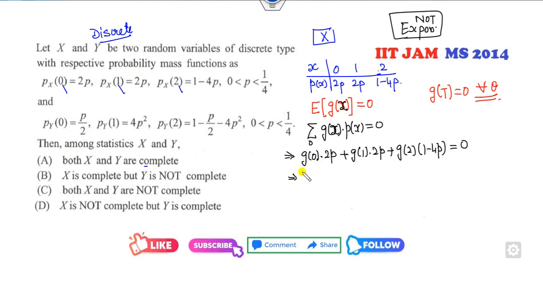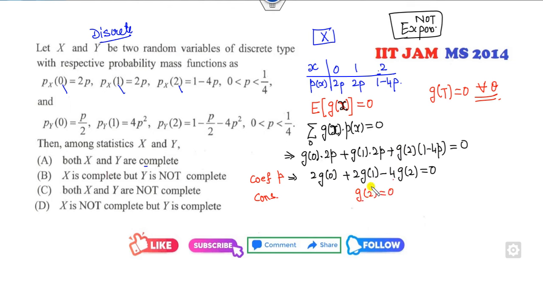Now clearly I can equate the coefficient of p on both sides. So 2 times g0, 2 times g1, minus 4 times g2 is 0. This is the coefficient of p, and I can make the rest the constant term, which is only g2, so g2 is 0.